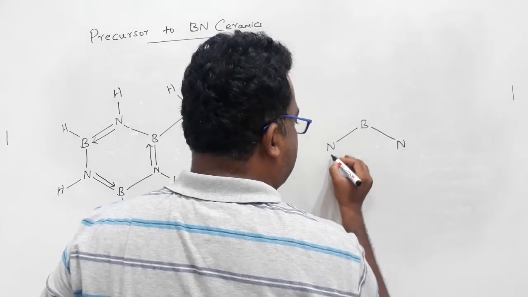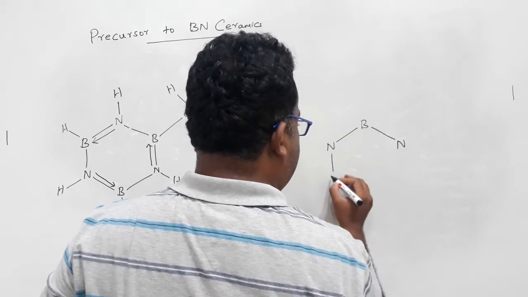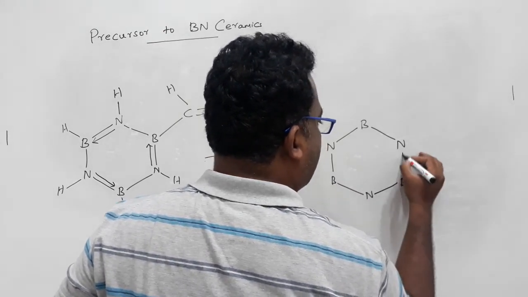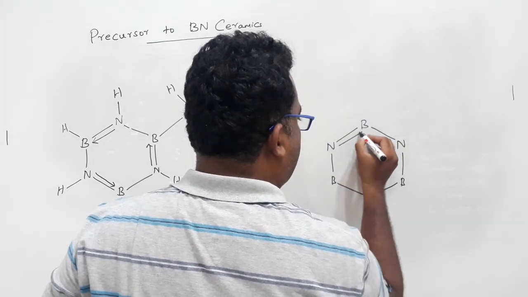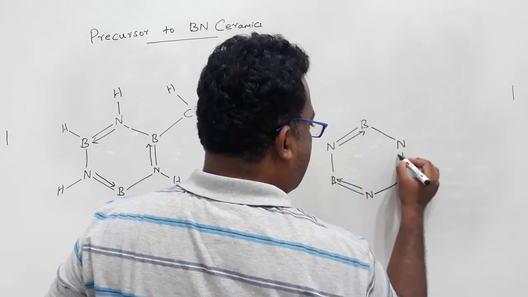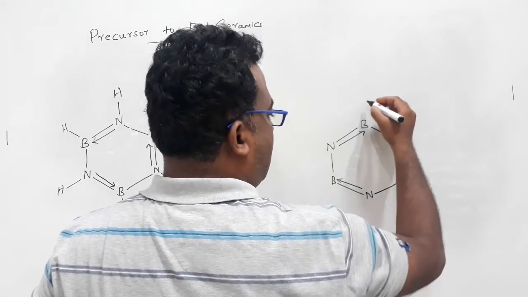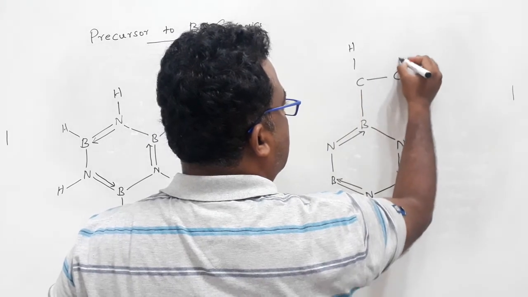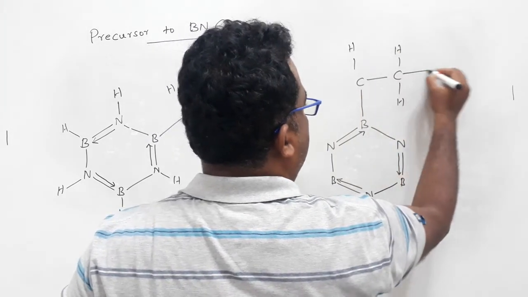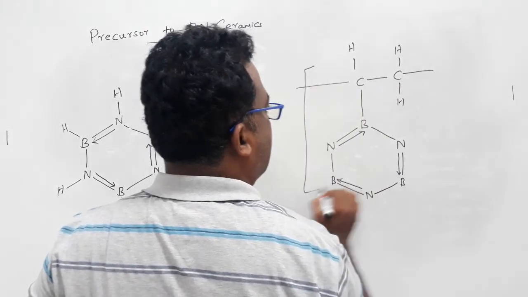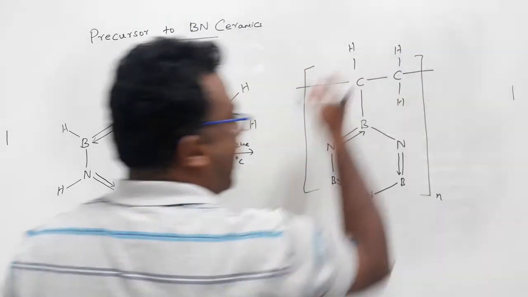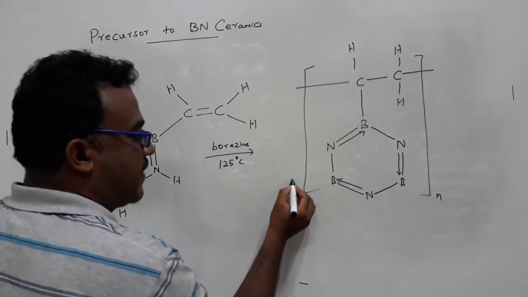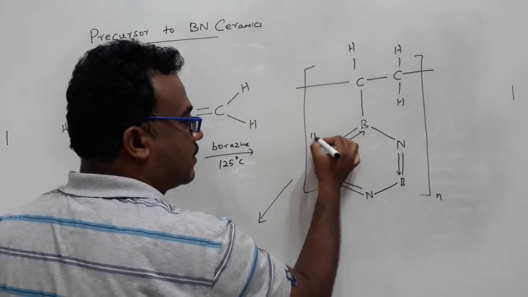First of all, before polymerization, it will undergo polymerization. Yes, this compound can be obtained if you heat it to 125 degrees Celsius with borazine. Further, you put hydrogen everywhere.